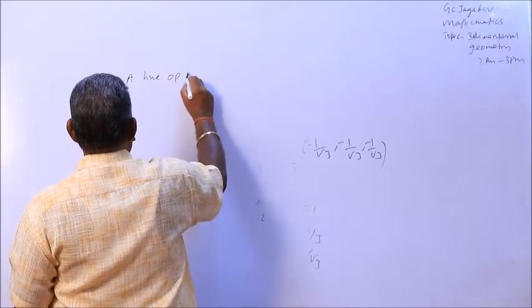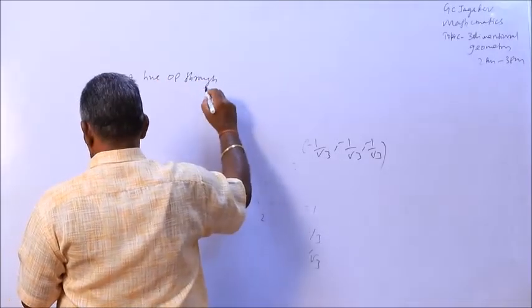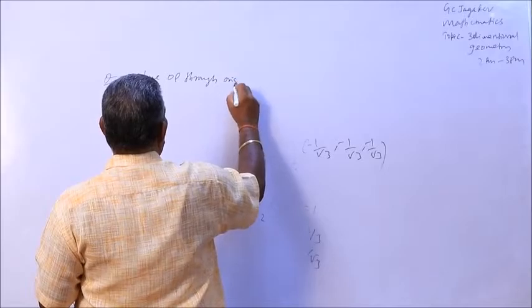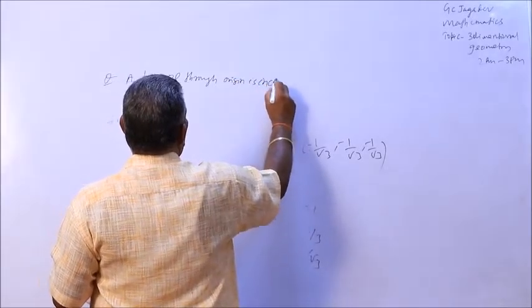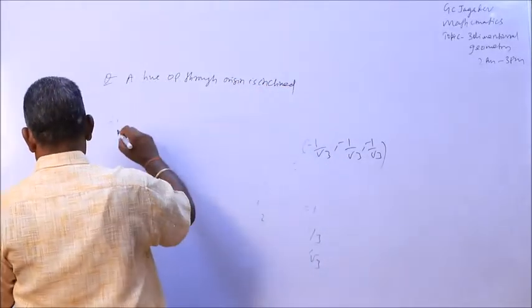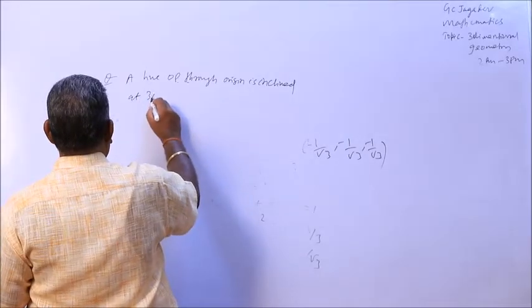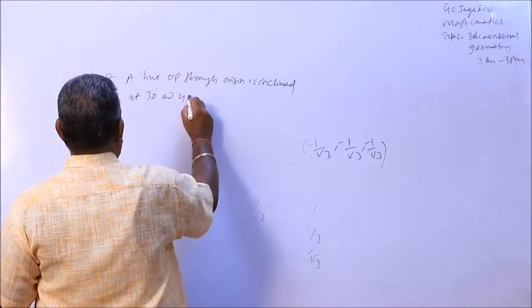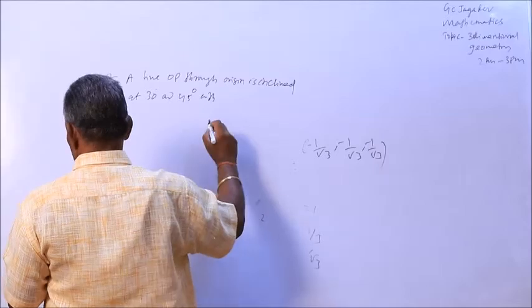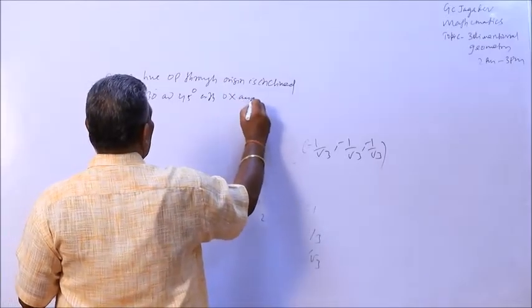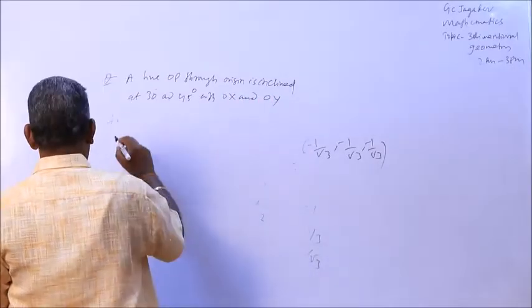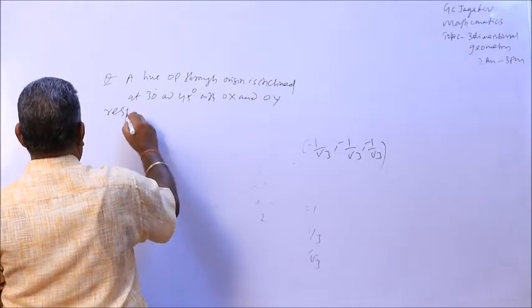Next, a line OP through origin is inclined at 30 degree and 45 degree with OX and OY respectively.